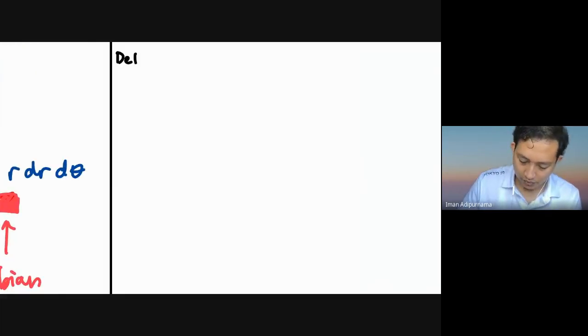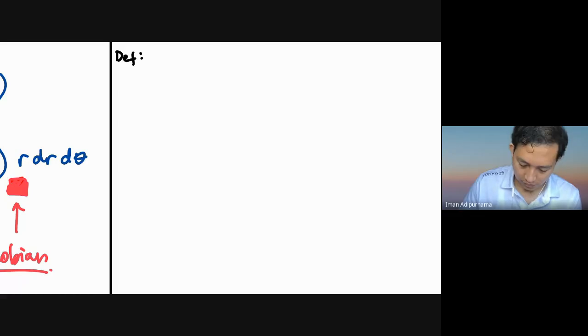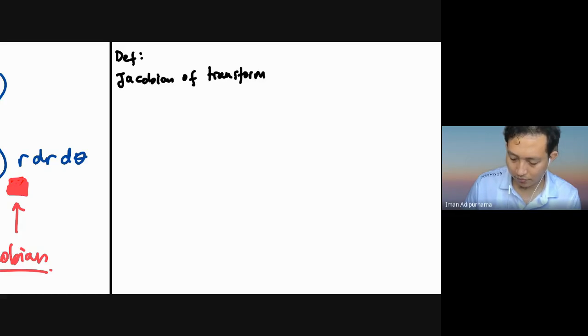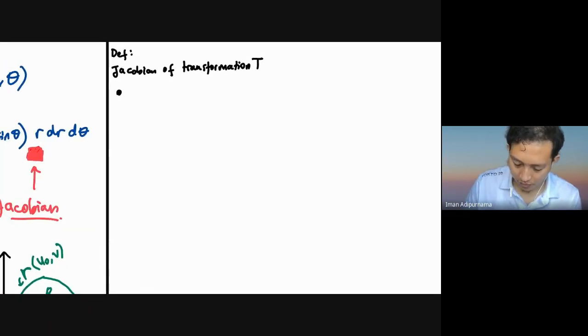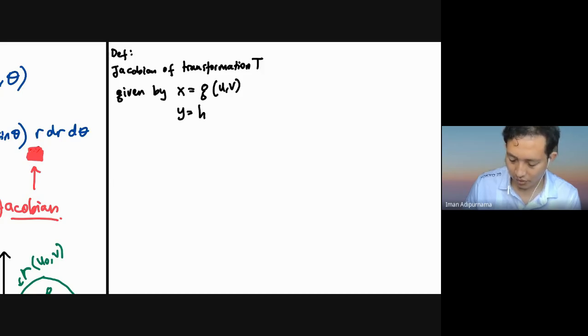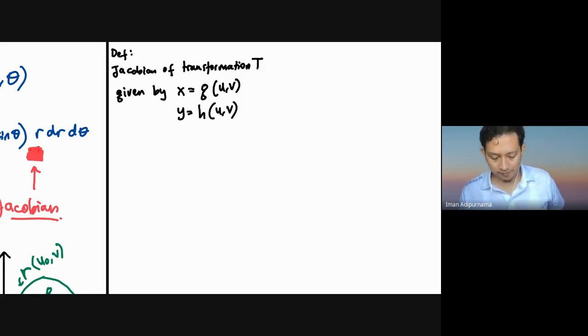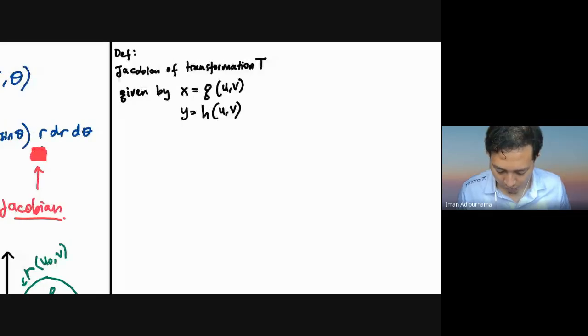So the definition: the Jacobian of transformation T, given by x as a function of u, v, and then y also a function of u, v.